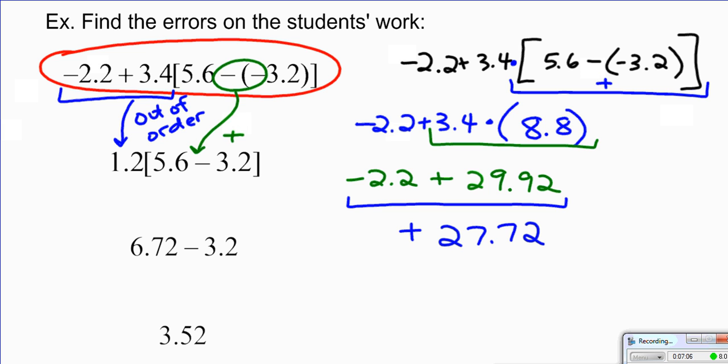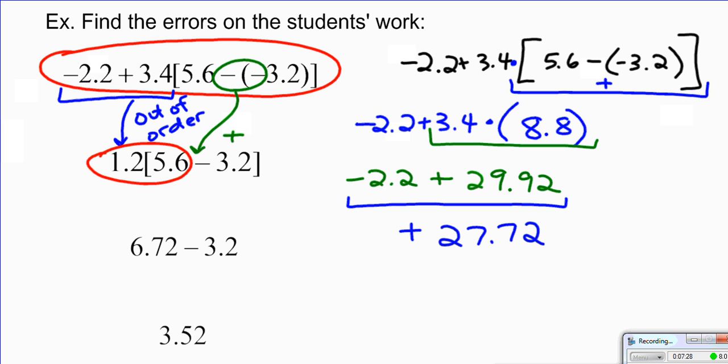So that's two mistakes. Some of you might have caught this, some of you might not have, that there was another mistake. They decided to multiply these two values, which is fine, but then they should have also multiplied the 1.2 by the negative 3.2 using the distributive property. However, they didn't. They only multiplied it by one value.